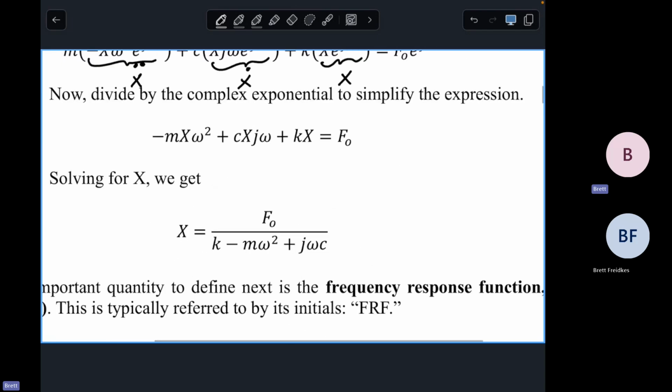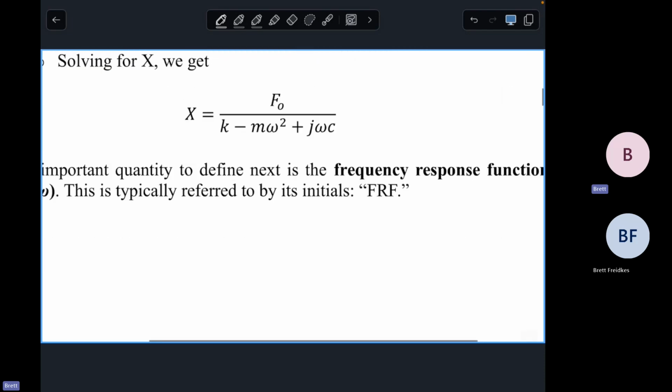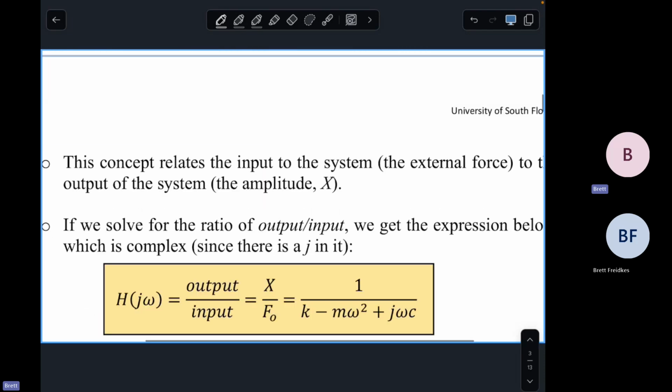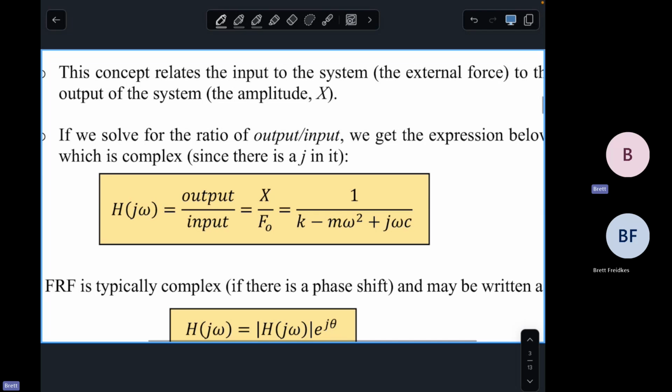This is the amplitude in terms of all of our system components. The problem is, though, that this is not a physical thing because of what? The j. It's imaginary, so that doesn't really make physical sense. So what we do is define the frequency response function, which is defined based on the output of the system to the input of the system.